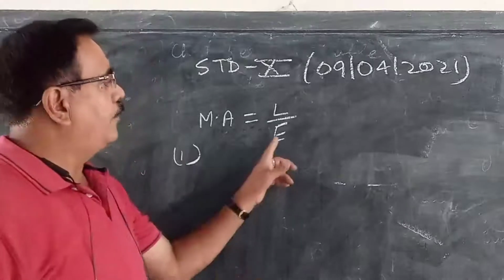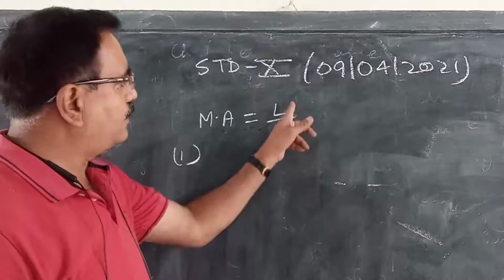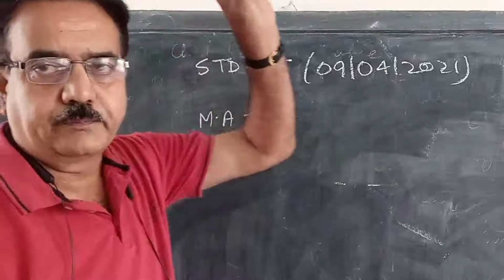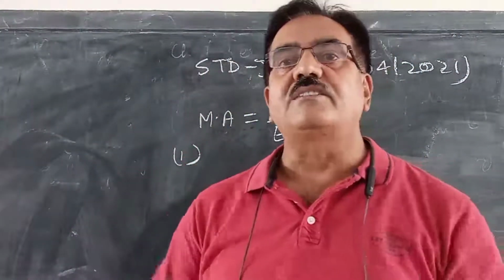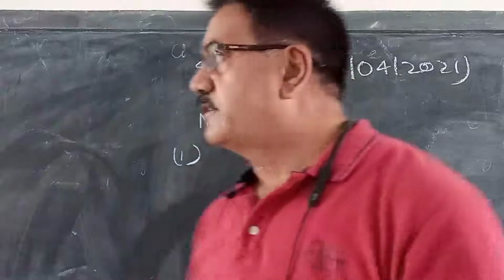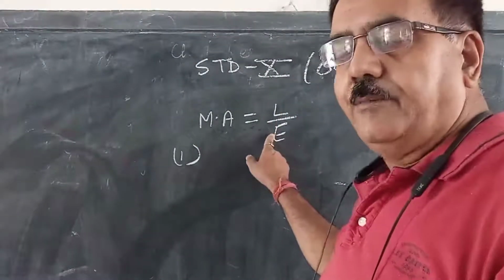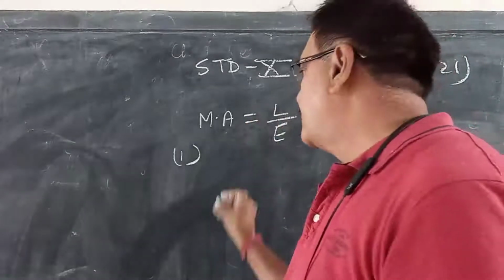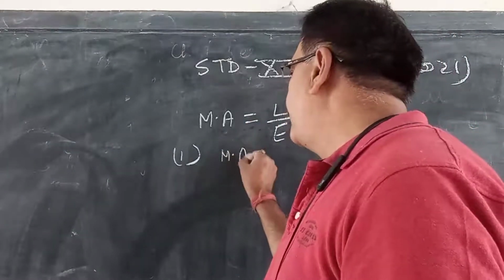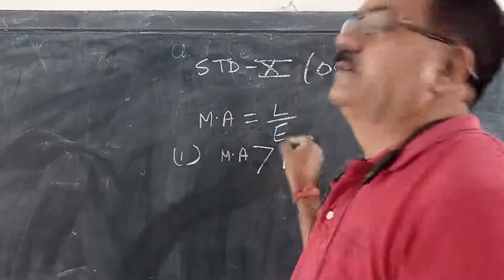What condition? When the effort is less than the load. I mean we are applying an effort less than the load. It means the denominator will be less than the numerator. In this case, the mechanical advantage will be greater than 1.